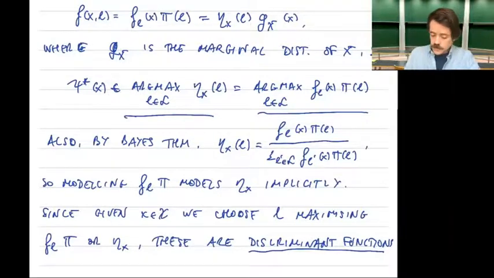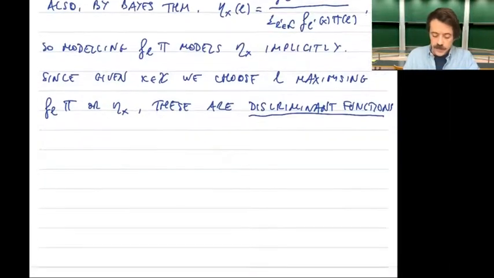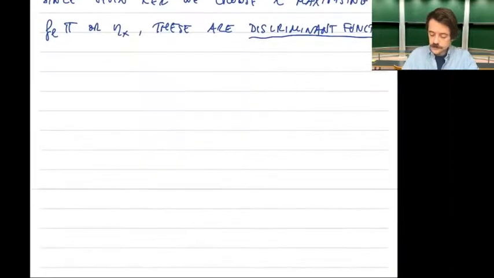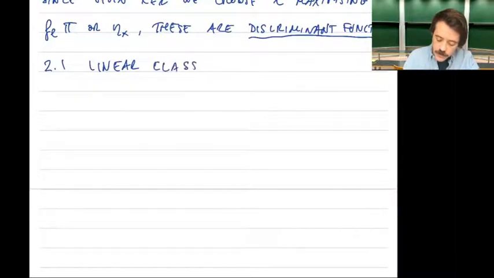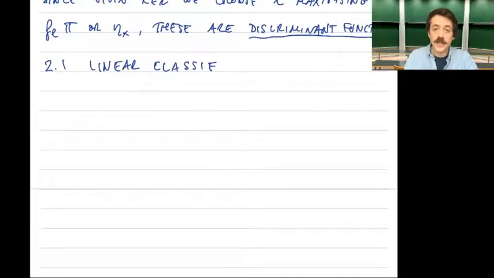Okay. So let me then begin with an algorithm. So this is now 2.1. Before I introduce the first algorithm, let me say what a linear classifier is, because I'm going to broadly classify classifiers into linear and nonlinear.